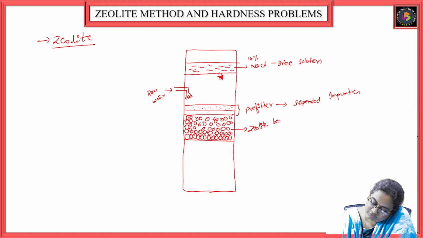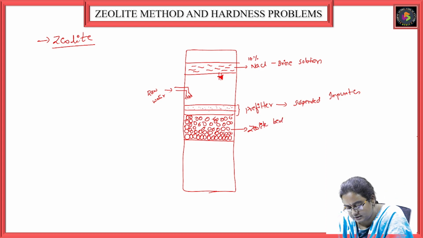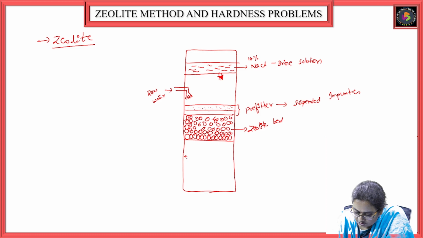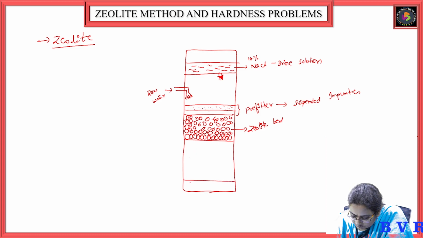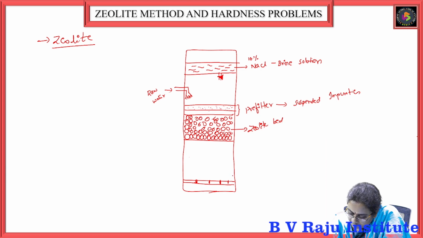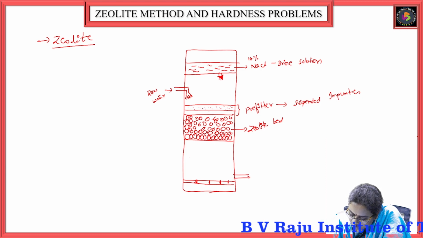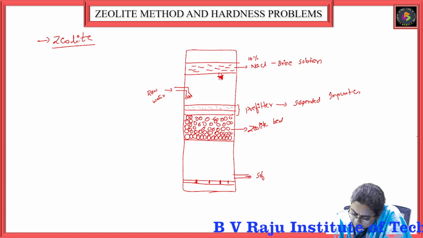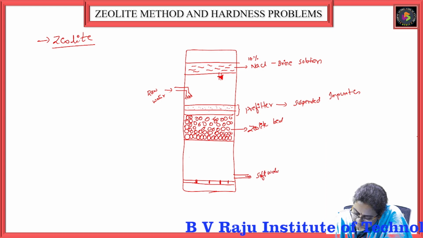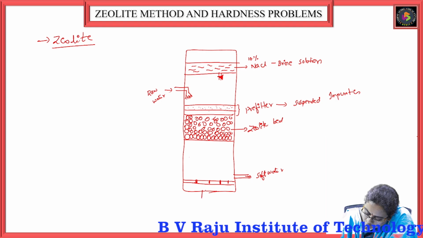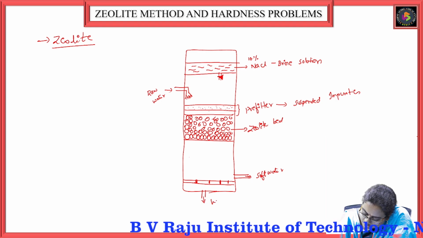Next to it, it has more space. These are empty spaces where we are going to collect, and here we have an outlet to collect soft water, and one more outlet at the bottom to collect washings.